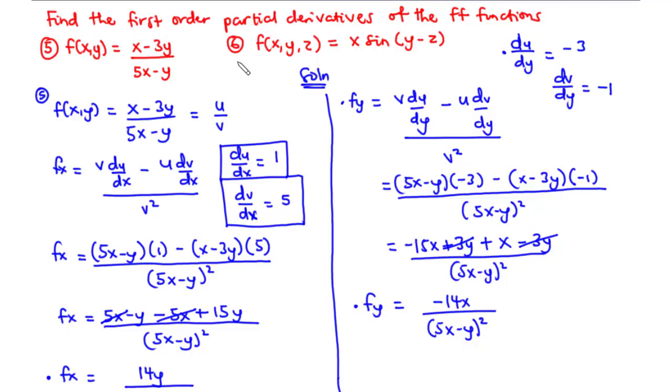Now for question 6, we have f of x, y, z equals x sine y minus z. So f of x, y, z equals x sine y minus z. So here we have a function of 3 variables. So we are going to find fx, fy, and then fz.